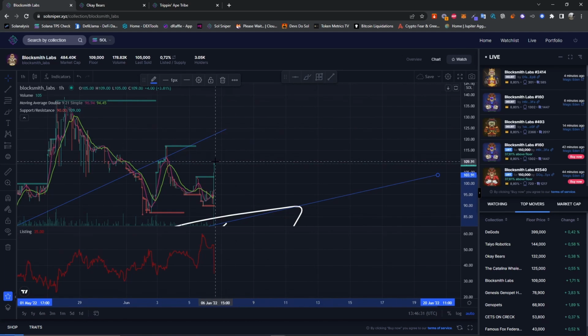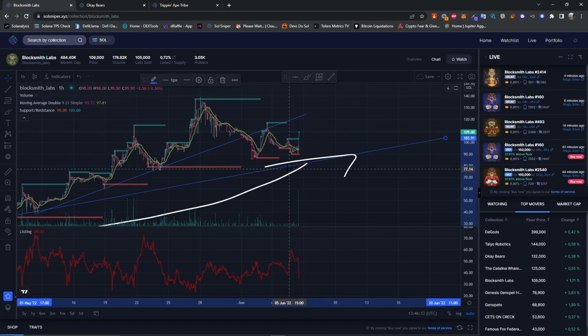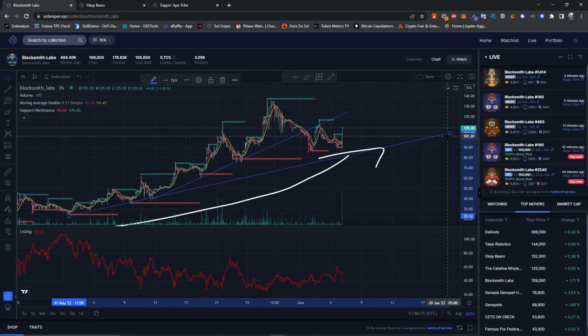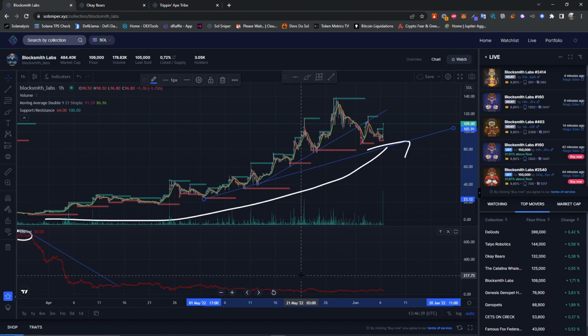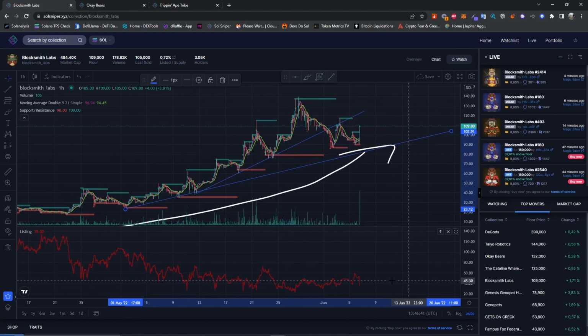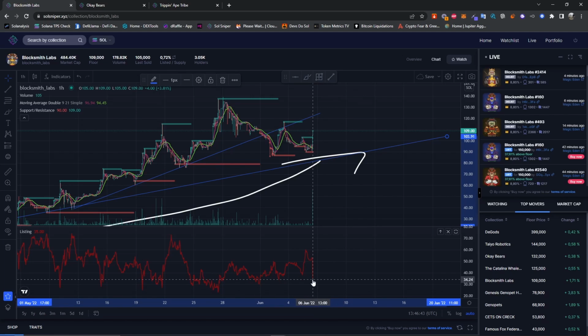Now we are at 110, right? And we didn't break this major line, and the listings went down again. The listings are almost at zero, which means for me that possibly the range could stay there, right?